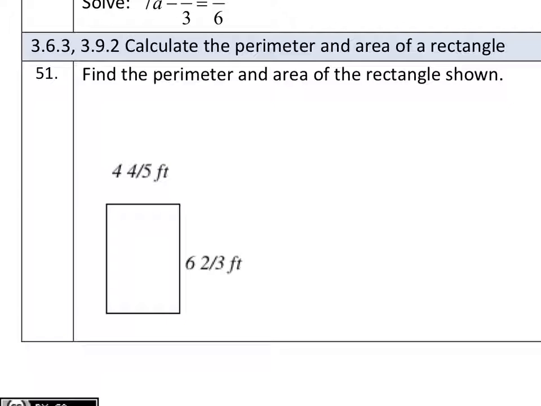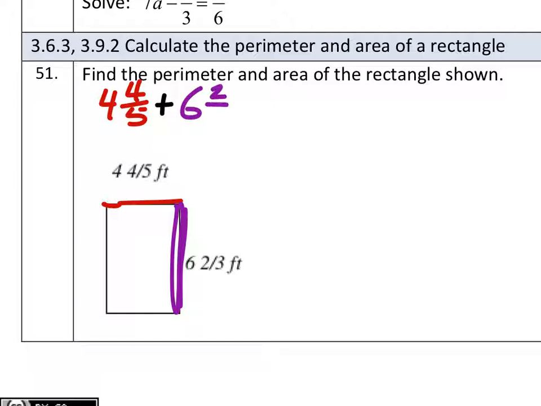So let's look for the perimeter first, then we'll look at the area. So the perimeter, we got the length, and we got the width right here. It doesn't matter which one you say is which. You could say the length is 6 2/3 if you want. But I'm going to set this up. I've got 4 4/5. And this is just for perimeter, so I'm going to add my 6 2/3.